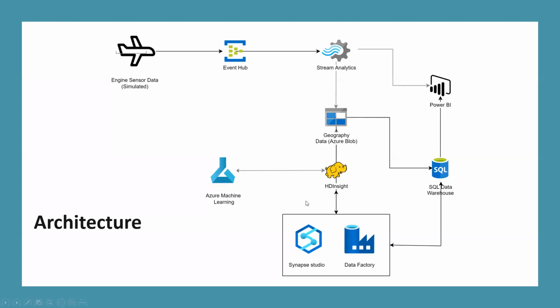So let's move to the last step, Power BI. How does this Power BI work? Power BI enables visualization of real-time assembly line data from stream analytics and predicted failures and alerts from the data warehouse. Here you can see that it connects to stream analytics, sending data to Power BI, and also the SQL data warehouse sending data to Power BI.